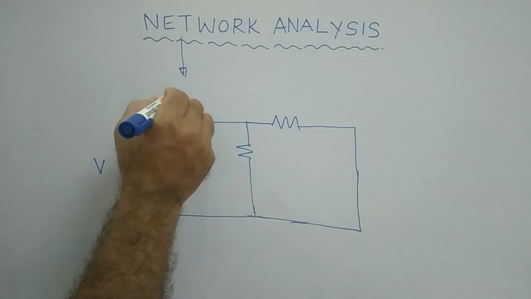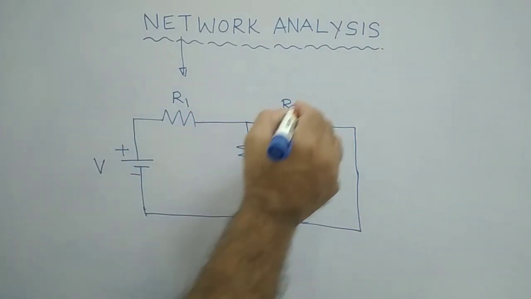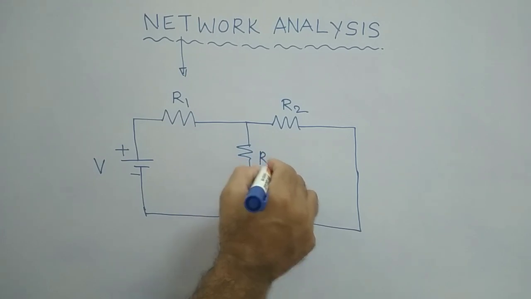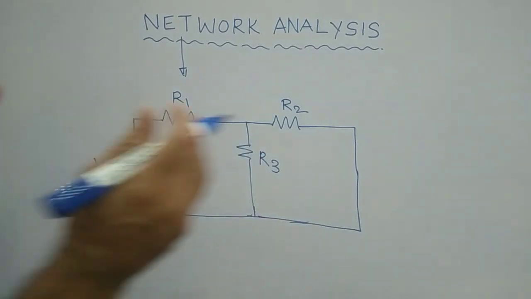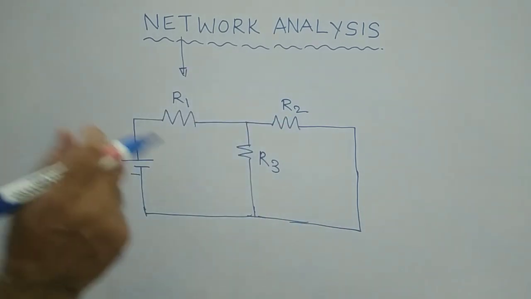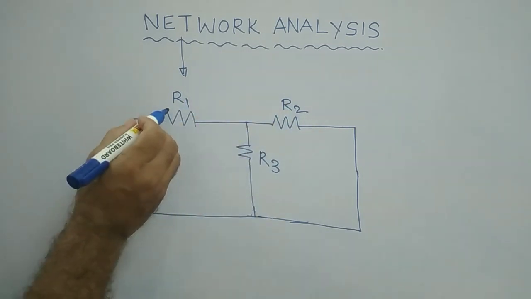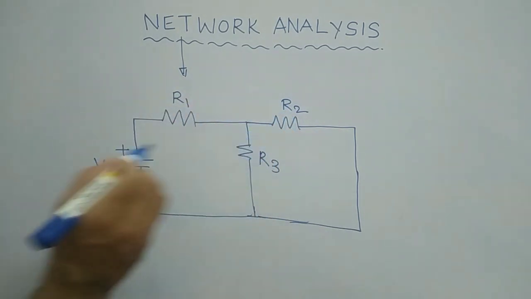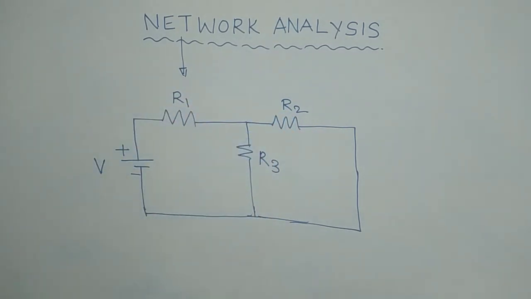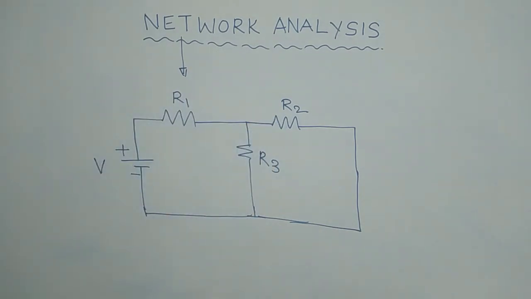I am calling this resistance R1, this resistor R2, and this resistance R3. This particular circuit is called a simple electrical circuit, consisting of only various resistances like R1, R2, R3 with one voltage source, right?